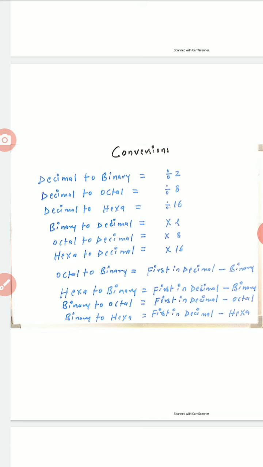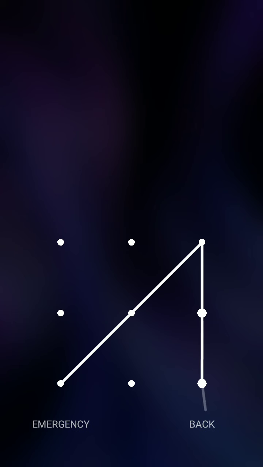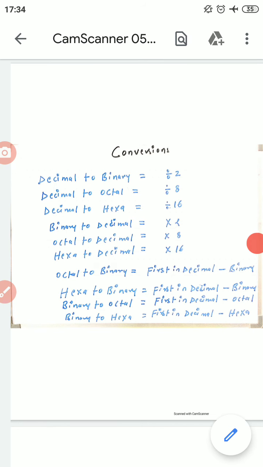So I hope you are all clear on the conversion, how to convert binary to decimal, decimal to binary, and octal, hexa among them. Because from this particular chapter, all competitive exams will ask questions either related to the theory or related to the conversion.